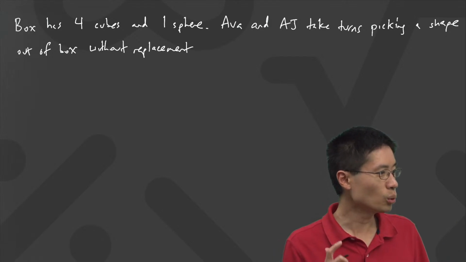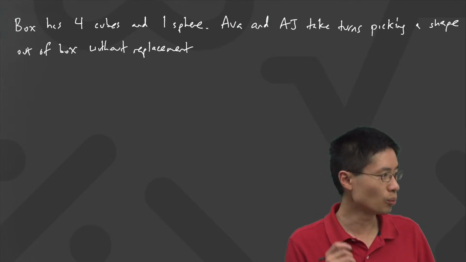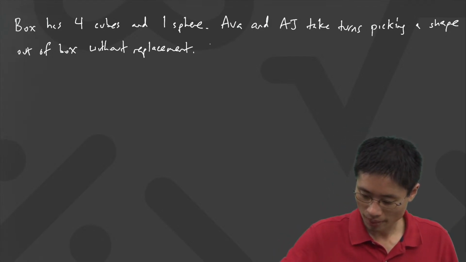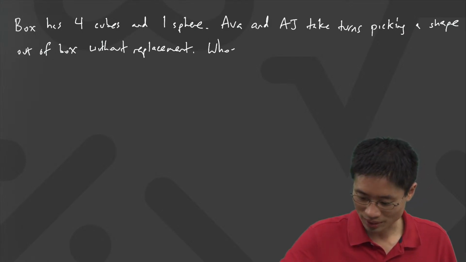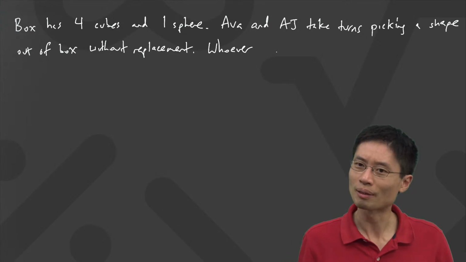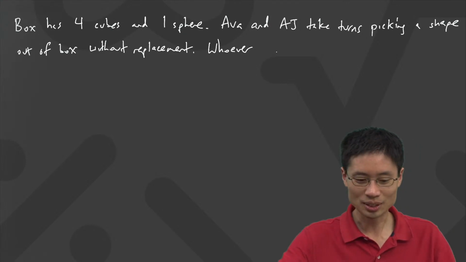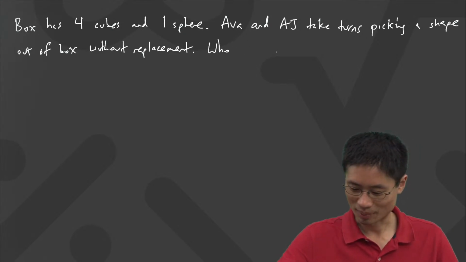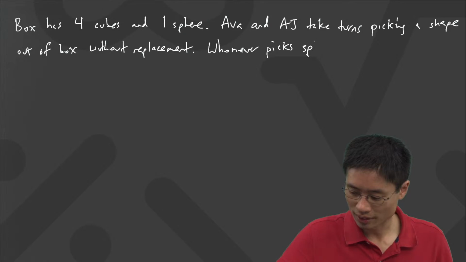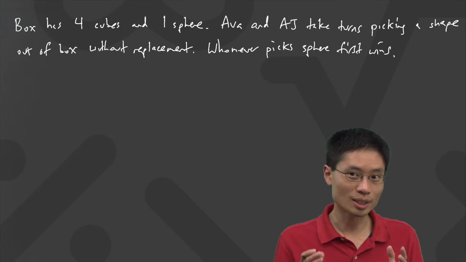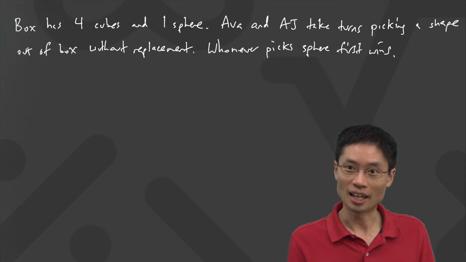And now it says whoever picks the sphere first wins. Whomever, I'm not sure. Is it whomever or whoever? I'm just going to write whomever because that's what I'm used to. Whomever picks the sphere first wins. And the question is, what's the probability that Ava wins?